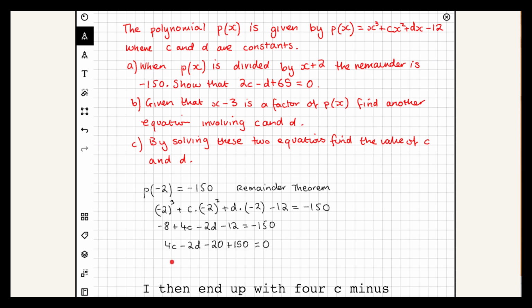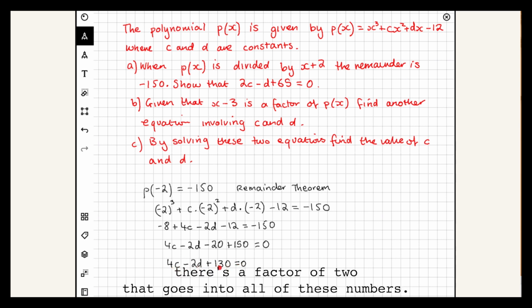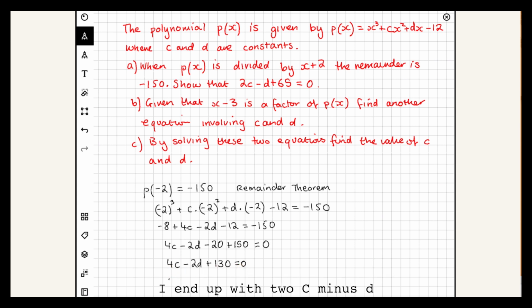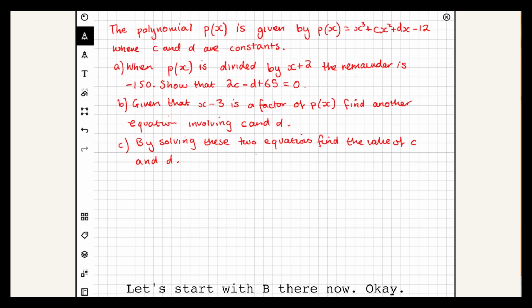I then end up with 4c minus 2d minus 20 plus 150 equals plus 130, and that equals 0. If I divide this by 2, if you notice there's a factor of 2 that goes into all of these numbers, and I'm not going to lose a solution. Divide it by 2, I end up with 2c minus d plus 65 equals 0. And that is the same as that. So that's part A. Let's start with B now.